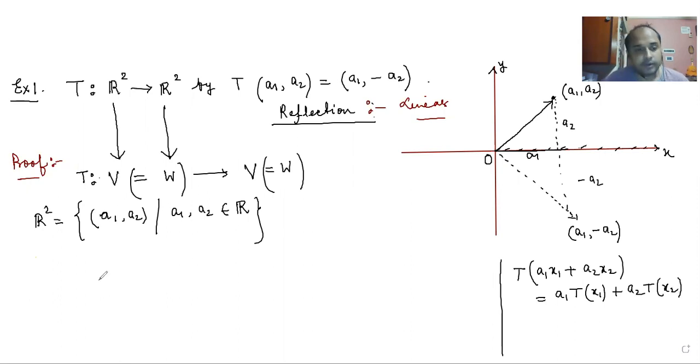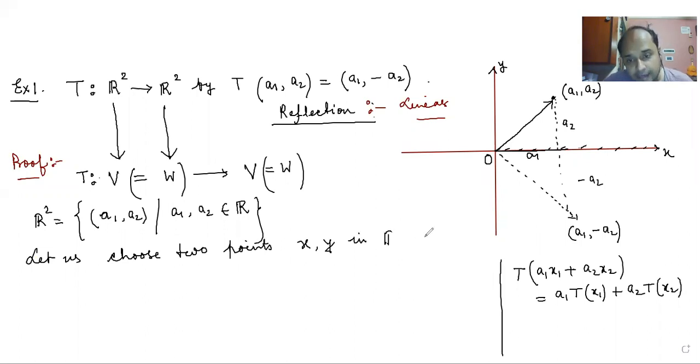Okay, so let us choose two points x, y in R2. Since they are in R2, the form of x is (a1, a2), and the form of y is (b1, b2).